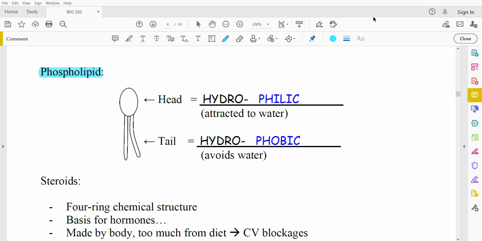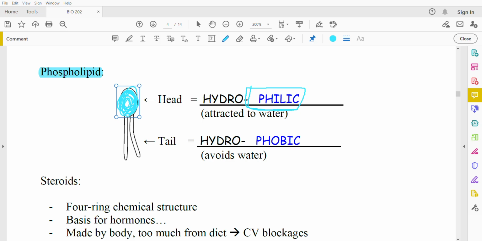So phospholipids, and like I said, we'll discuss them more, but at large they can be divided into two parts. Phospholipids have this head part, which is attracted to water, and because it's attracted to water, it's known as hydrophilic.